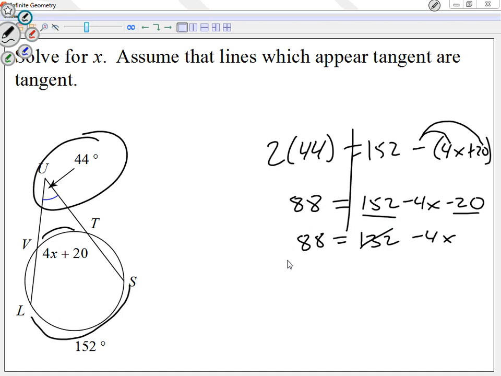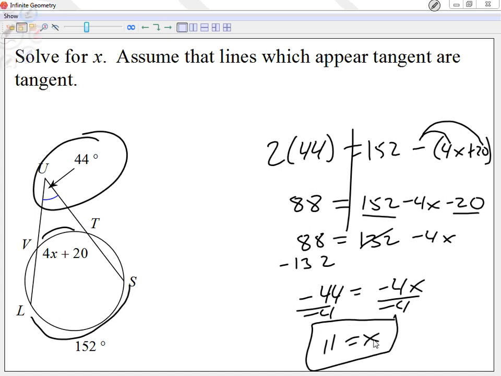Now let me move the 132 to the left as a minus 132. 88 minus 132, that is negative 44. So I have negative 44 is equal to negative 4x. Divide by negative 4, and then x is equal to 11.